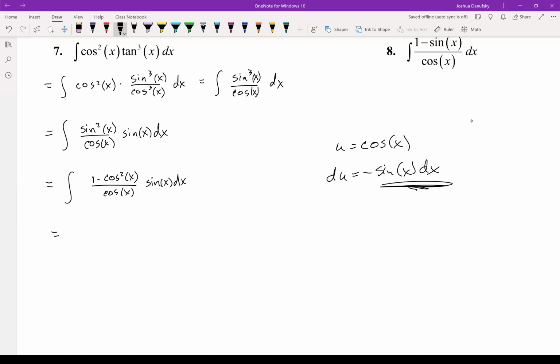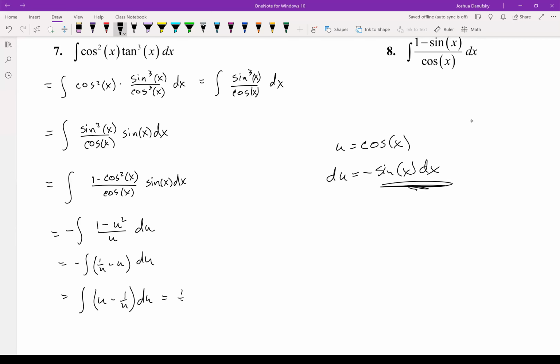And then using this u substitution over here, we've got 1 minus u squared over u, and then sine x dx will give us a negative du. So I'm going to put du here and put the negative in front like that. At this point, we can rewrite this as 1 over u minus u du. I'm going to distribute the negative and switch the order.